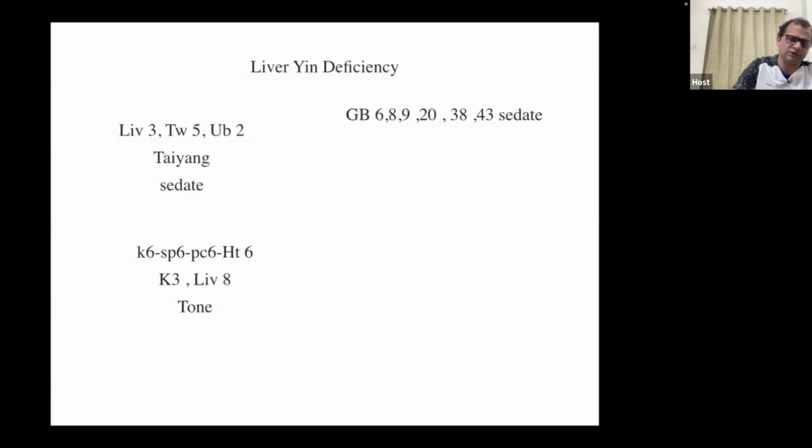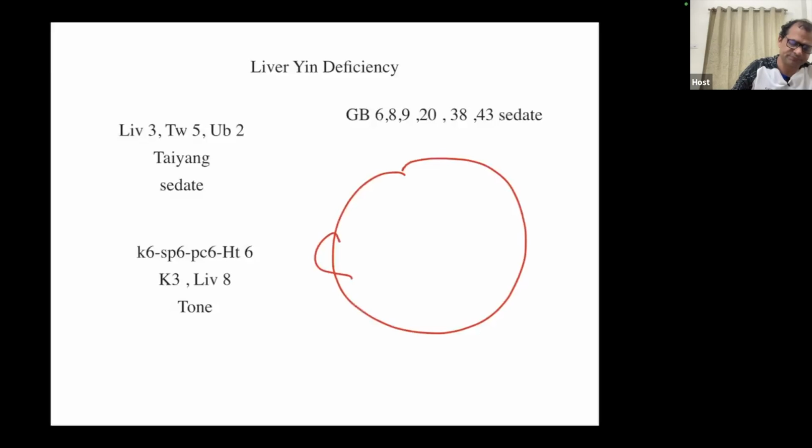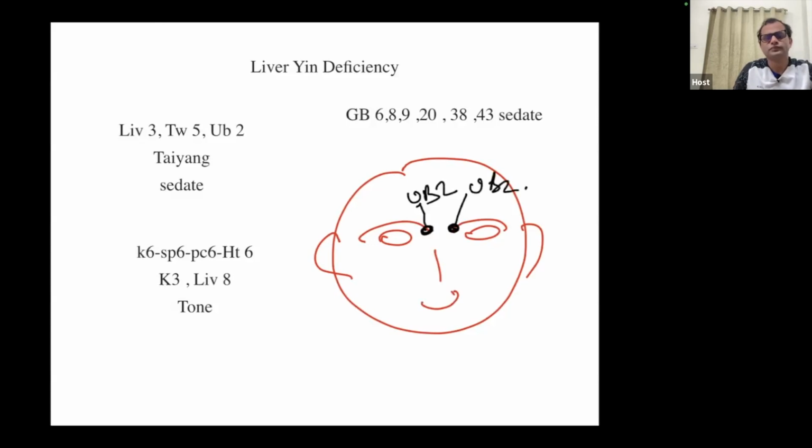If we draw the picture here, like this is the picture of the head region, UB2 is located on the medial corner here. This is the location of UB2. Got it? And liver 3 is the very good distal point for this entire area.